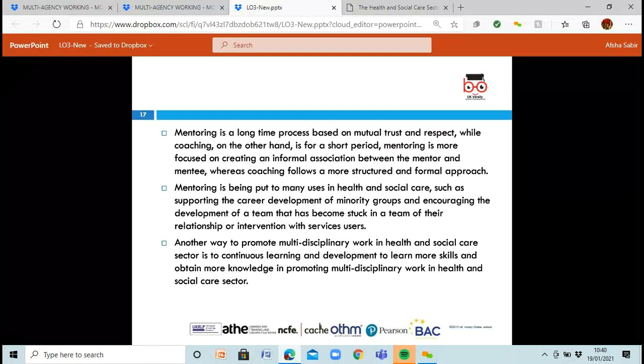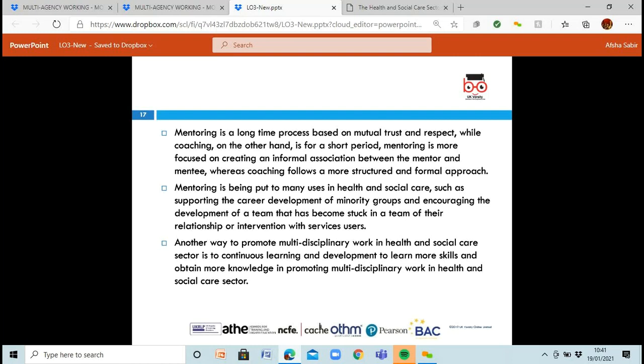Coaching might be an informal chat, or it might be that you're getting assessed or reviewed, and you're told, right, this is how to do this procedure, just make sure you do this, that, and that. So that's the difference between mentoring and coaching. Mentoring is used a lot in health and social care.